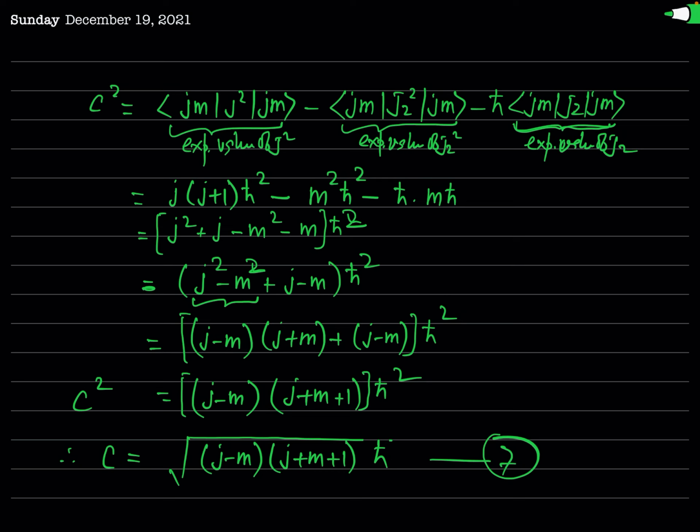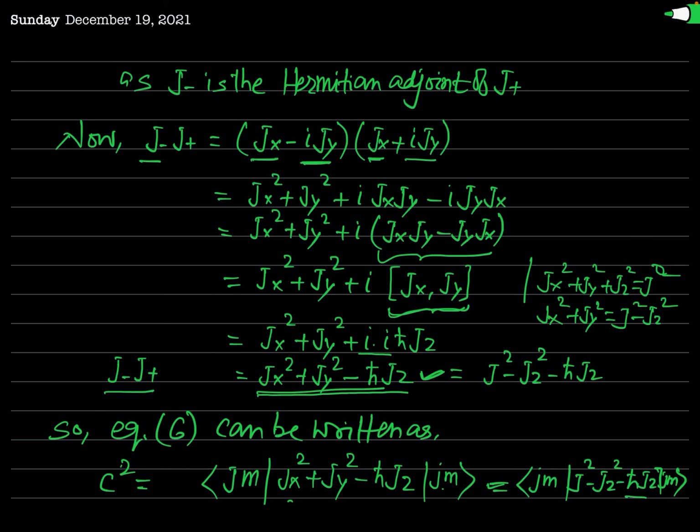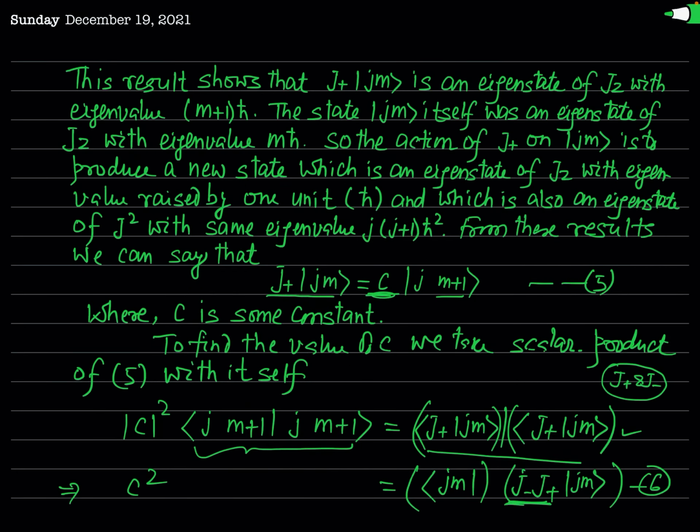So when the operator J plus is operated on ket J m, see this equation 5, what will be the result? In place of c, we will write the value which we have just obtained.